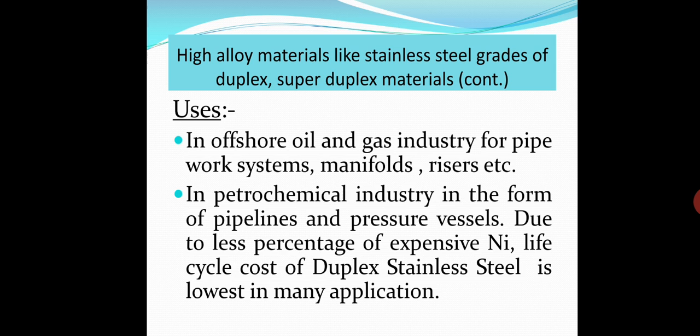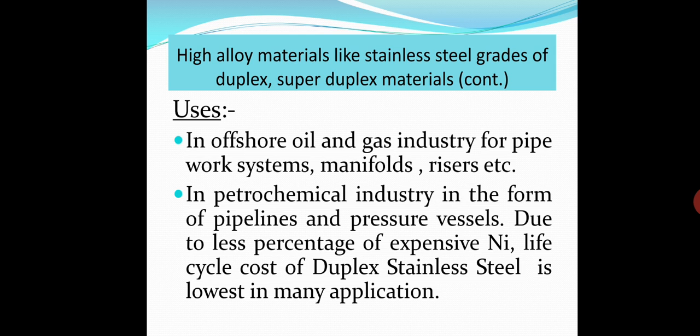Here we have used a lower percentage of nickel, and as nickel is very expensive, because of its lower percentage, the cost of the material is lower compared to other materials which can give service in these areas. That is why the life cycle cost for these applications will be reduced if we use duplex stainless steel.